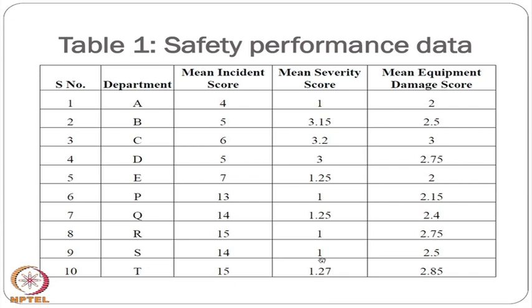So, what is your purpose? You want to see whether all those departments are performing similarly in terms of these three key features. Okay. So, let us see what we can do with this data.